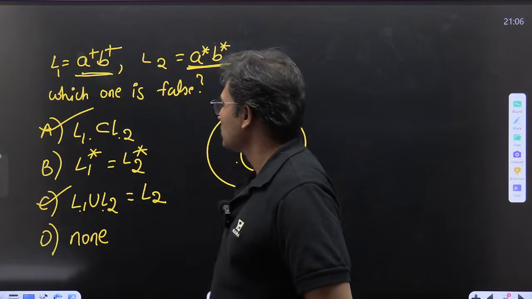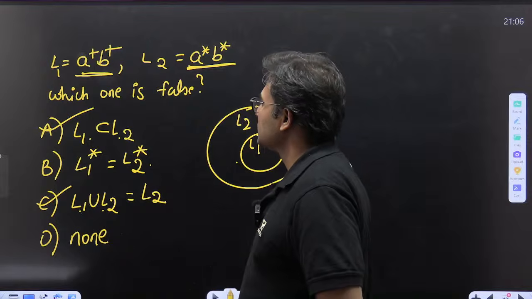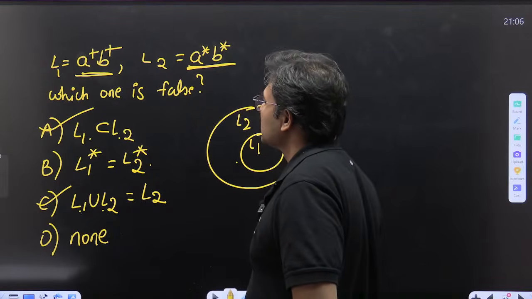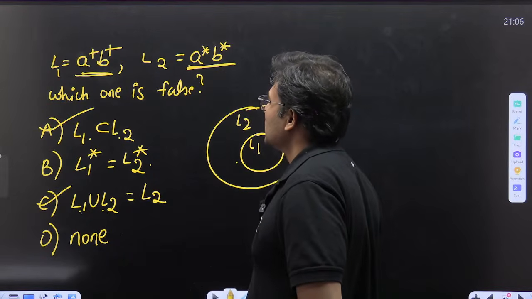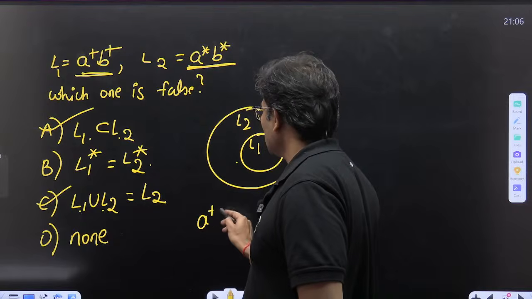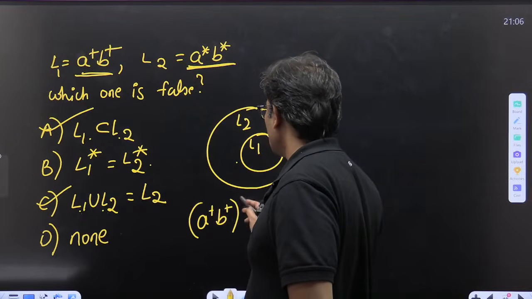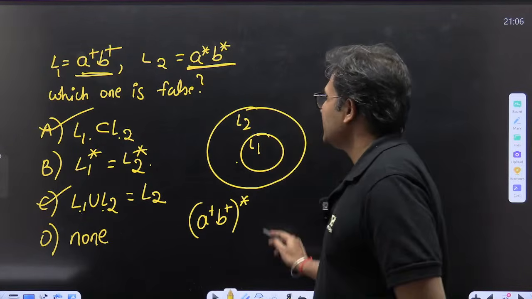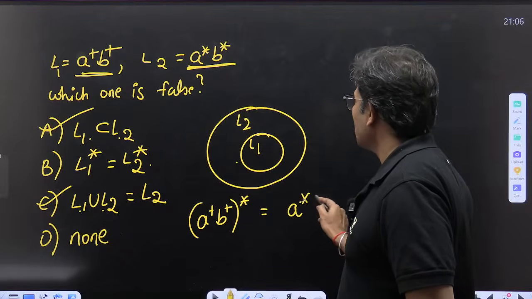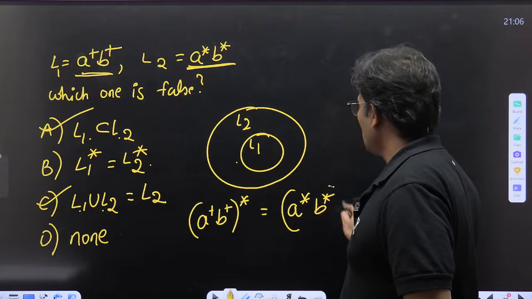So true. Now we have none and this. How can you solve it? They are saying A plus B plus whole star is equal to A star B star whole star.